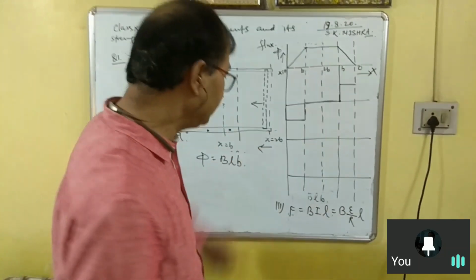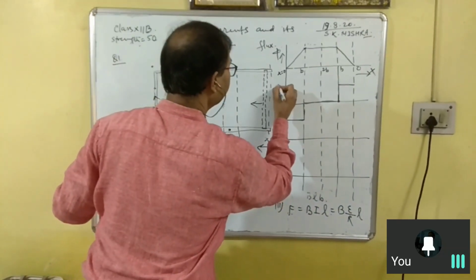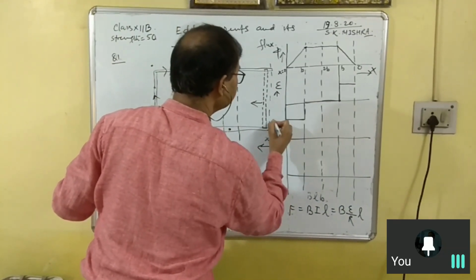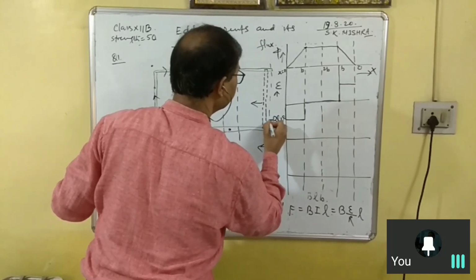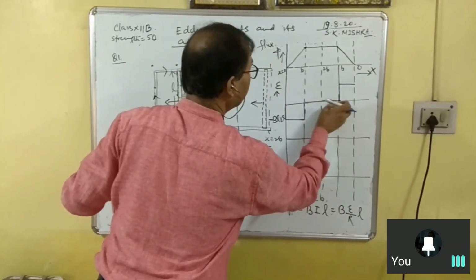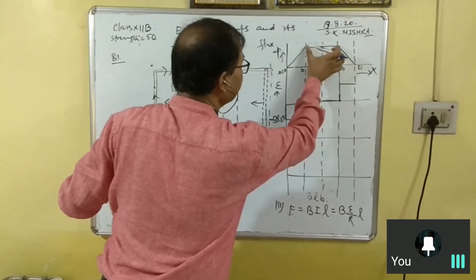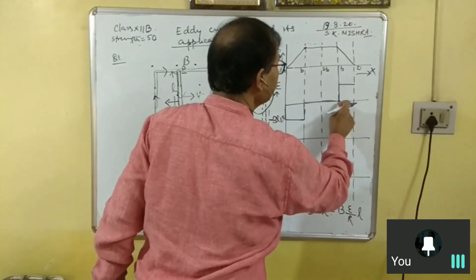The value of induced EMF we have already written as BLV. So this portion is negative, minus BLV. Then it remains 0 up to this position because there is no change in flux. Then flux is decreasing, so induced EMF will be positive.